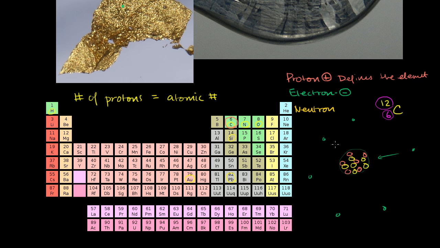We can start to predict how an atom of one element can react with another atom of that same element, or how it could bond or not bond, or be attracted to or repel an atom of another element.